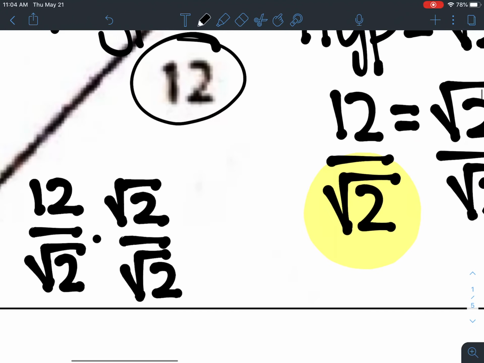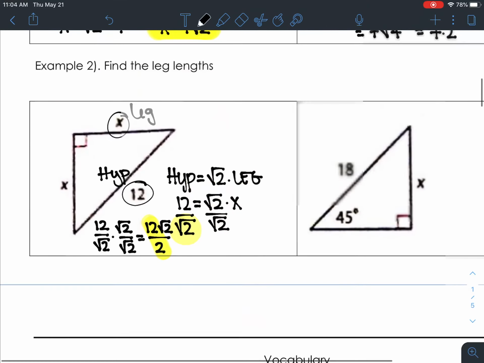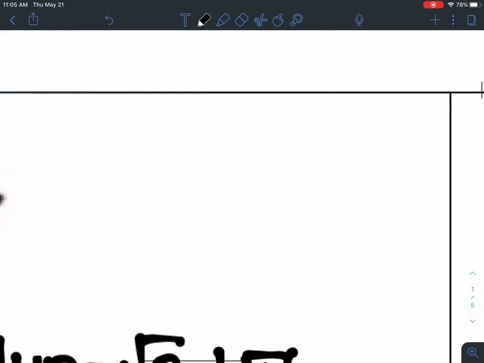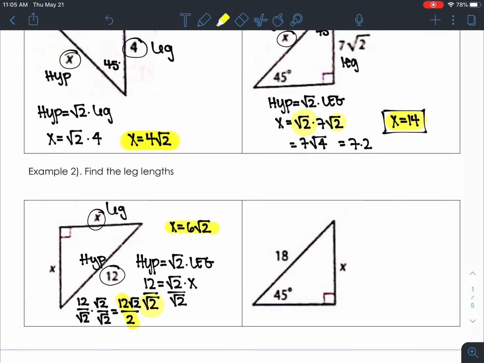If I multiply straight across, I get 12 times the square root of 2 all over the square root of 2 times the square root of 2, which is 2. Looking at my diagonals, the 12 and the 2, I get 6. So x is equal to 6 times the square root of 2. Just a little bit extra algebra for that.